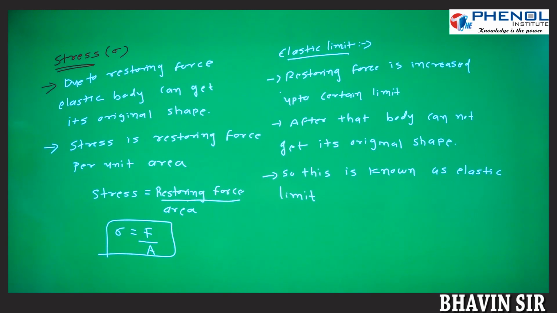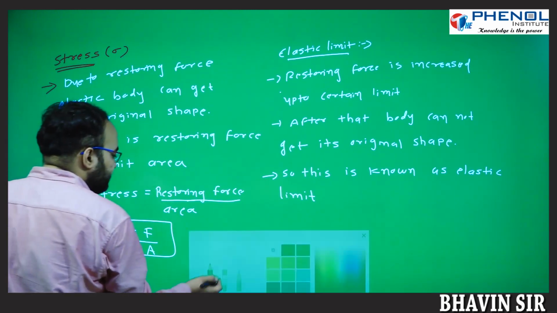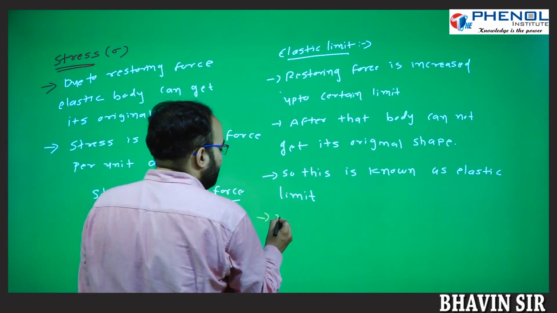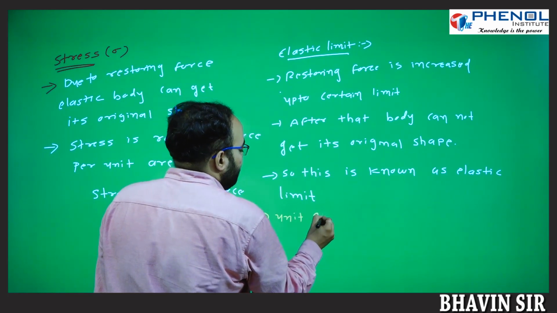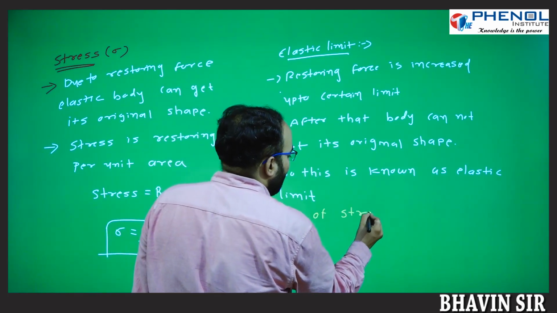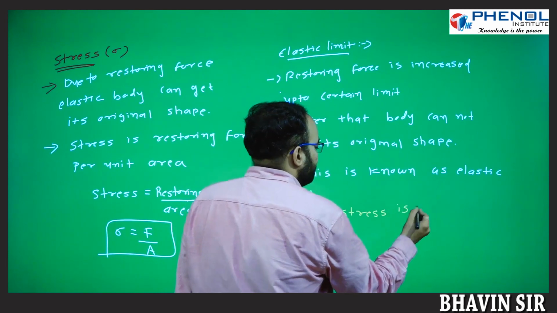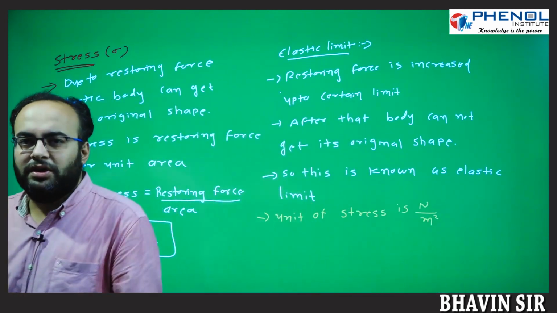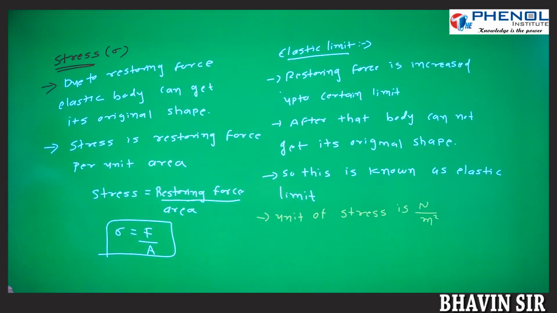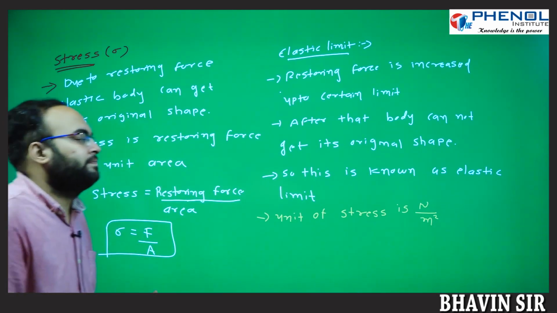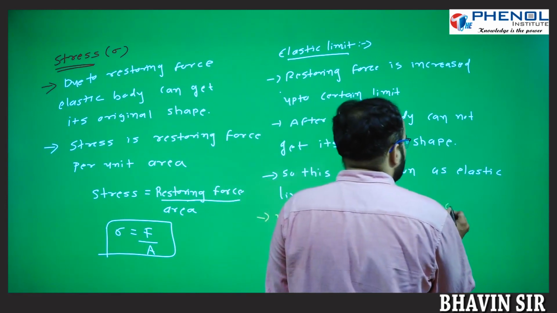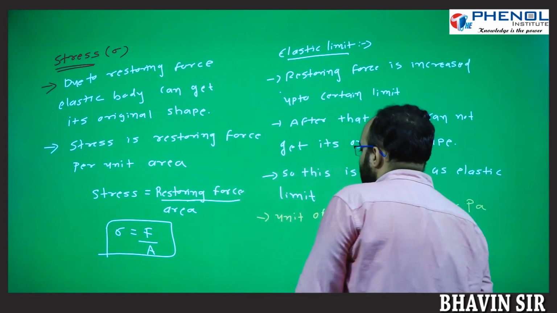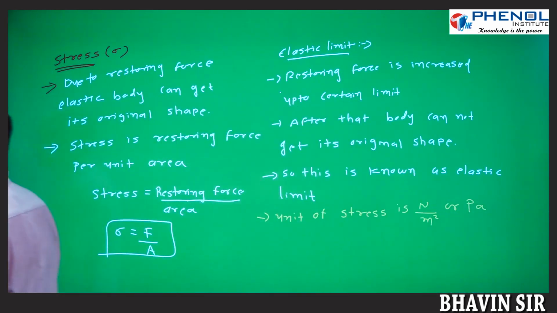So now what is the unit of stress, students? The unit of stress is Newton per meter square or Pascal, since stress is force by A. And what is the dimensional formula?